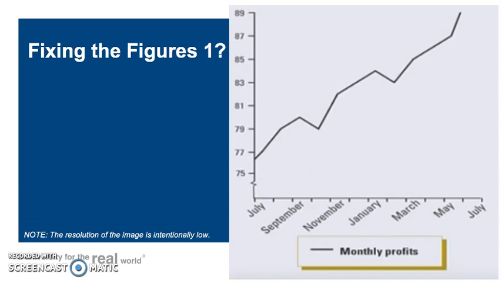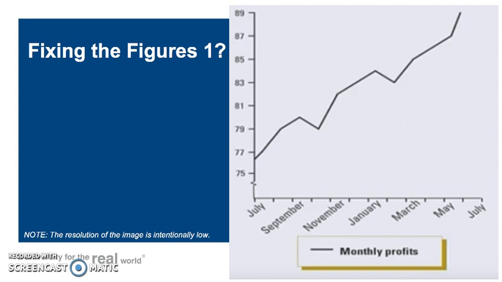This is a truncated graph. See that the y-axis doesn't start at 0. That zigzag is something used to show this. But a truncated graph can sometimes make data look more impressive than it actually is.